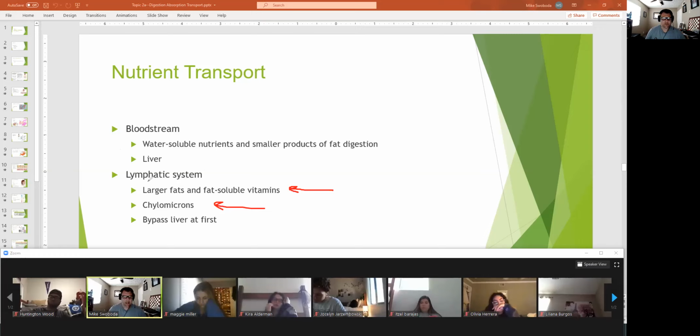It does transport your bigger fats and some of your fat soluble vitamins. For the most part, when you think lymphatic system, you're thinking white blood cell transport, because your lymphatic system does a whole lot more with immune system support than it does for nutrient transport. But just so you know, those are your two transport systems.